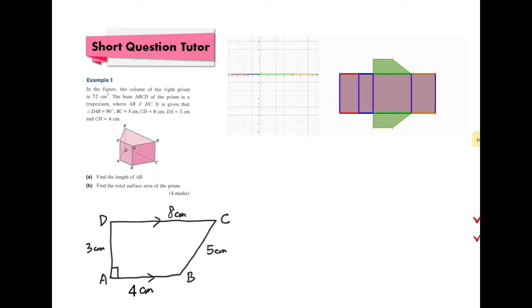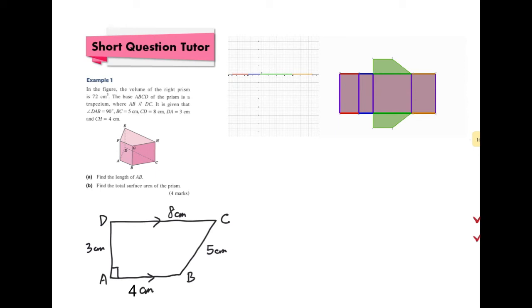The length is the perimeter of the trapezium. The width is the height of the prism. So, the area of the lateral faces is equal to the perimeter of the base times the height of the prism.